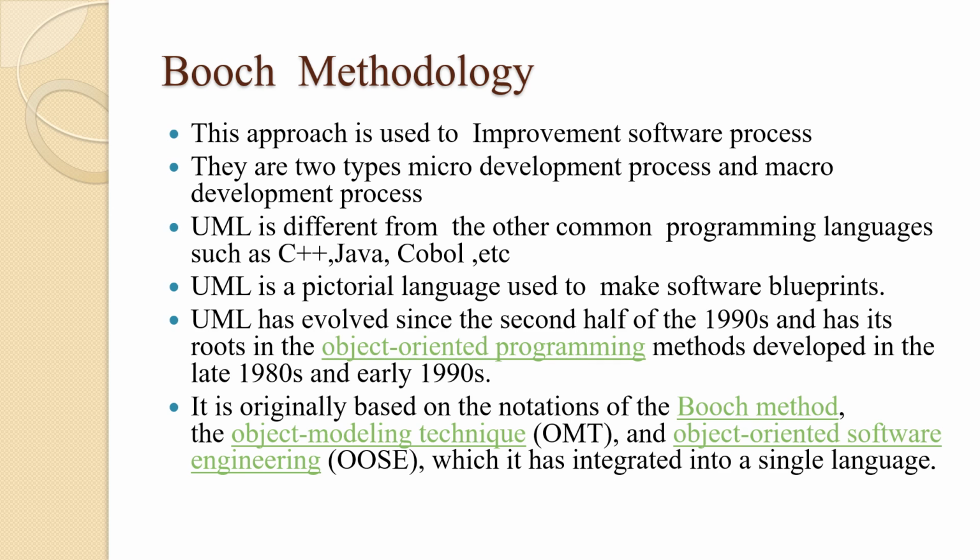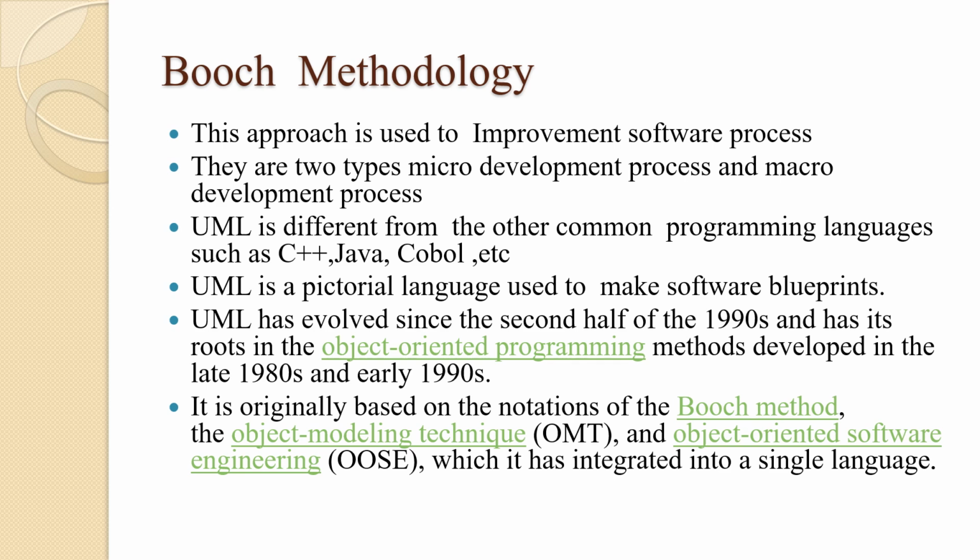While UML is commonly associated with software development, it is used in various fields like remodeling, system engineering and teaching. The approach is used for both methodologies, and for improving the software process.